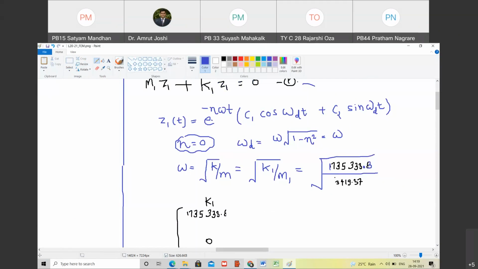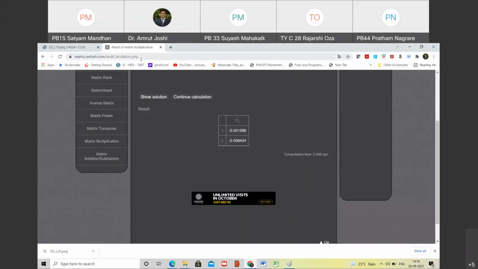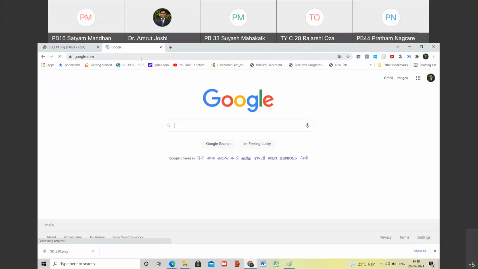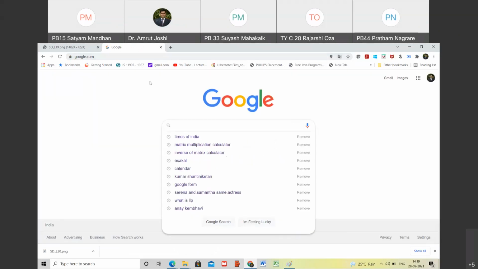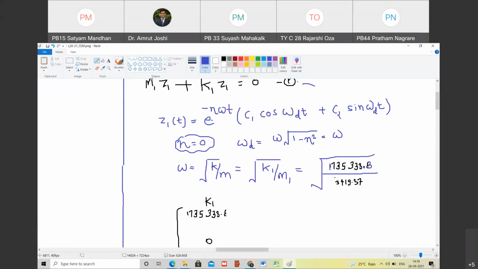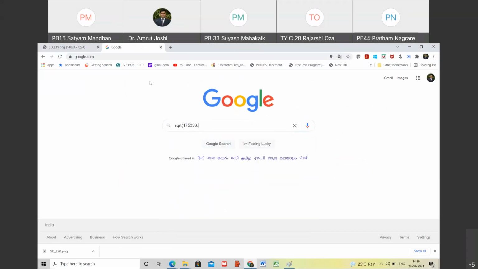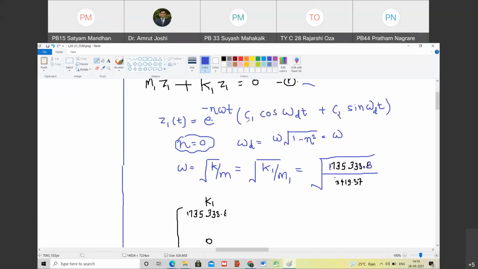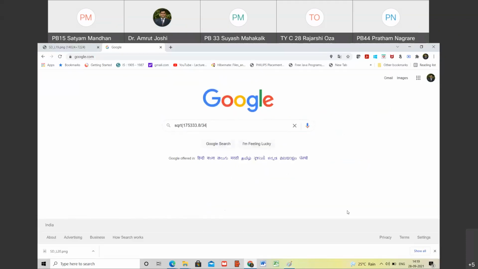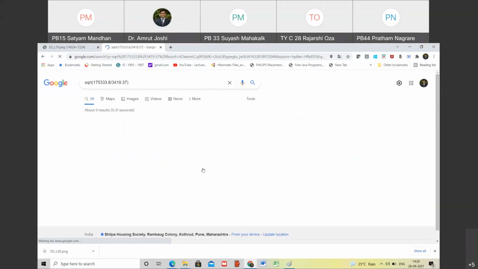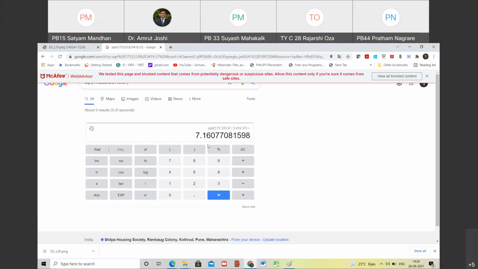Okay. 1735333.8 divided by 3419.37. Square root of that, how much is it? Let me know if it is correct. 7.16?